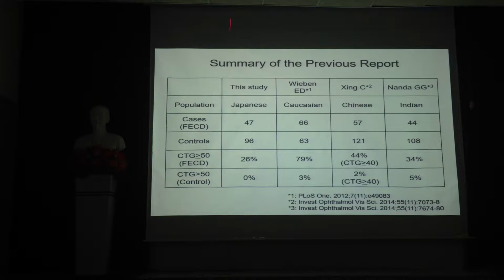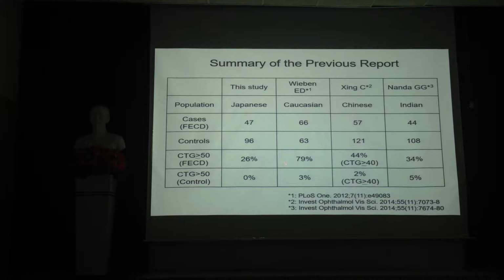So we followed the same study for Japanese. It's about 30%. They show a CTG repeat over 50 in the TCF4 gene. And this is the Mayo group, they show about 80% or so. This is what a Chinese group reported, this is what an Indian group reported.